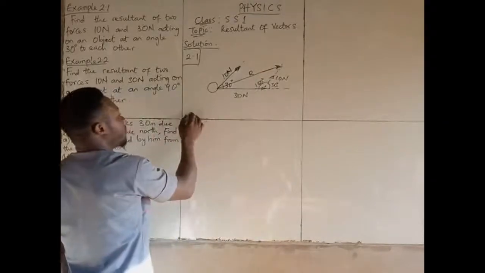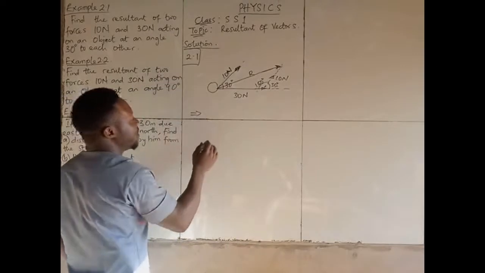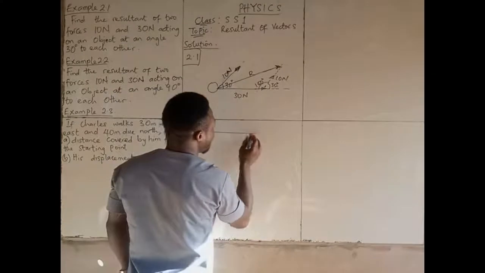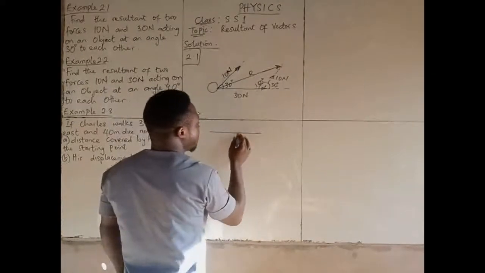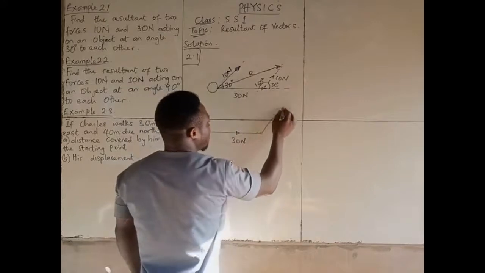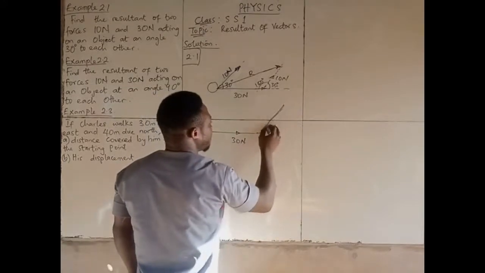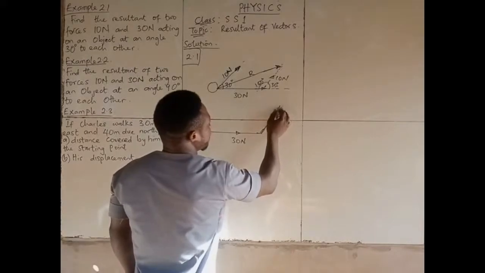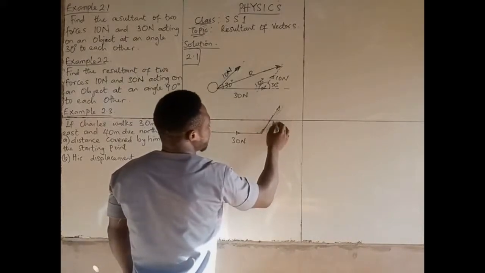Now you are having a new diagram for this question. The new diagram you have for this question is going to be like this. This is your 30 Newton, and this is your 10 Newton.